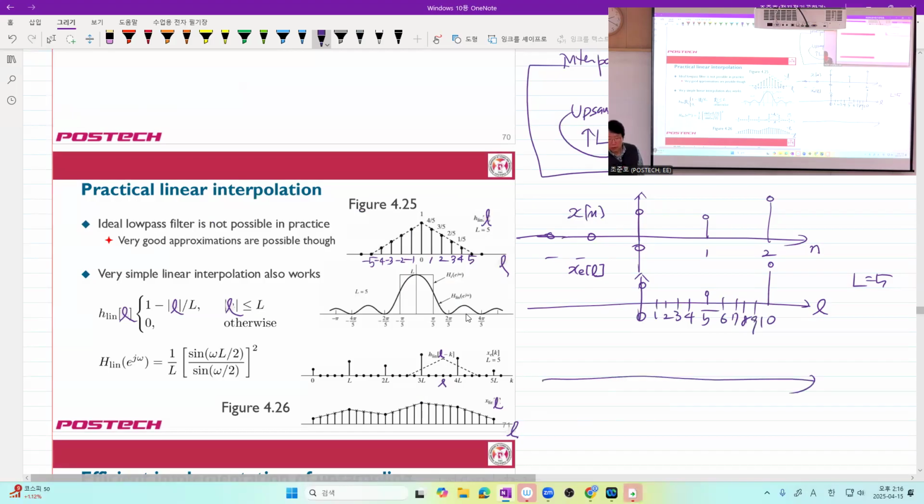Now, suppose you have that interpolation filter, then what do you do? Basically, you convert this single sample to something like this.